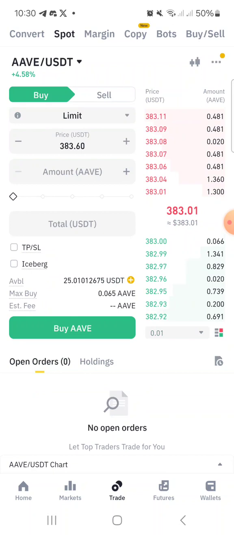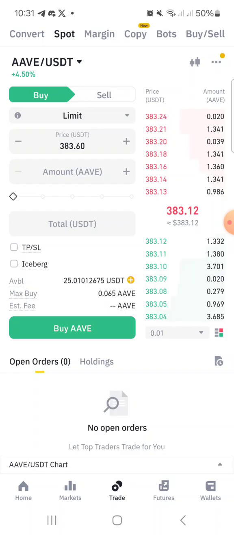Now the next thing we looked at was that the basic of trading, as far as spot trading is concerned, is that we look at where the support is. We look at price action at support level and we buy.